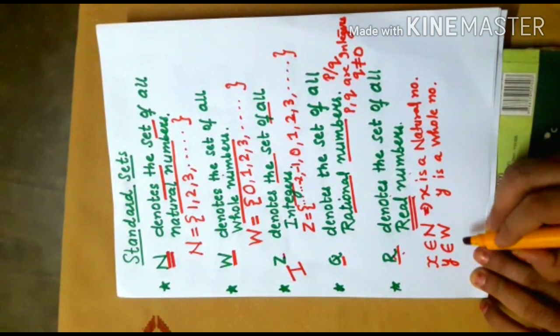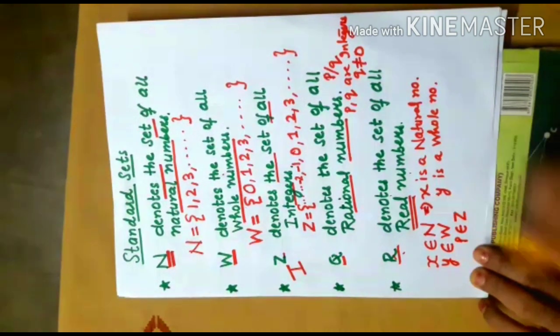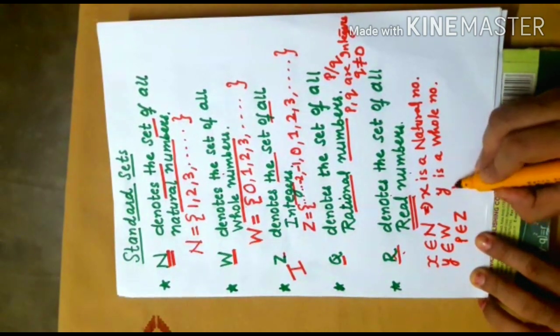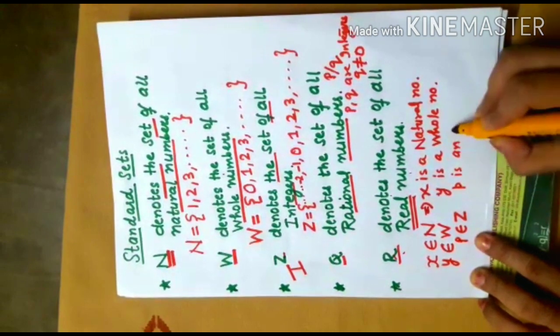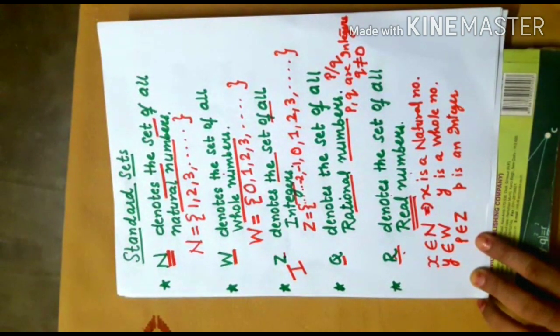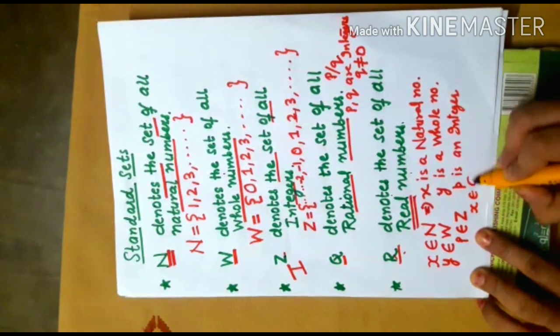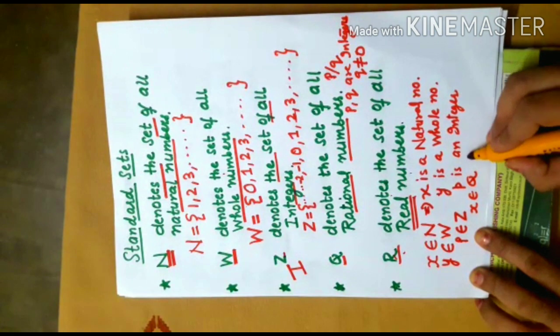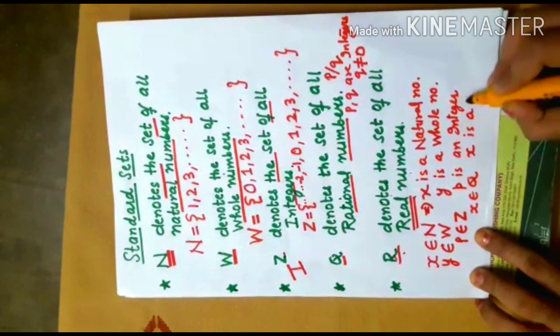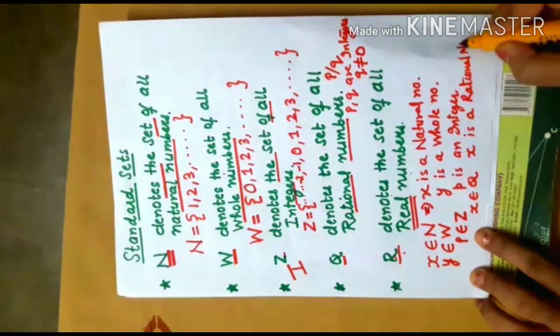If I write p belongs to Z, it means p is an integer. If I write x belongs to Q, this means that x is a rational number.